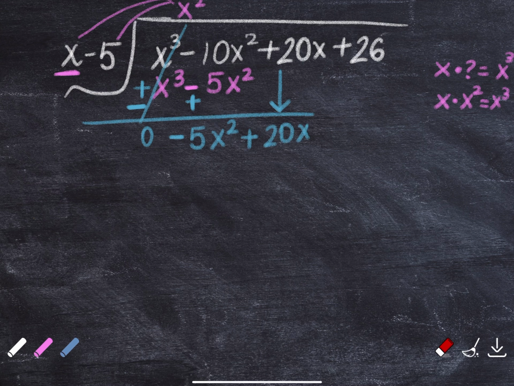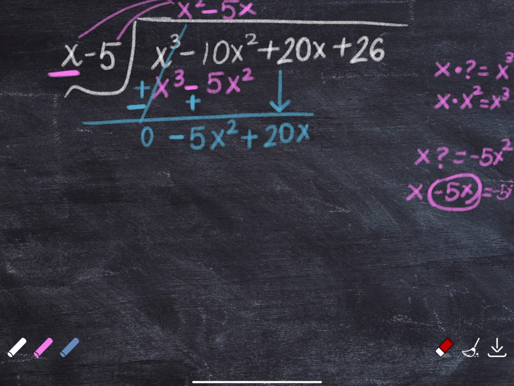Now the same thing I have to think: what should I multiply this x by to get a negative 5x squared? I think if I multiply this x by a negative 5x, I will get negative 5x squared, right? So that term is negative 5x, and I'll put the negative 5x here.